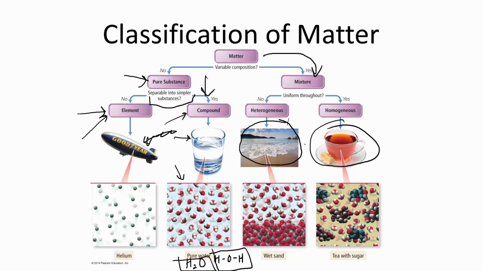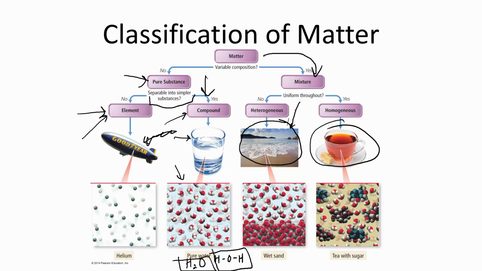But what's the difference between these two mixtures? The difference between mixtures can be whether it is something that you can see the individual layers of and discern those individual portions, and that would be a heterogeneous mixture.